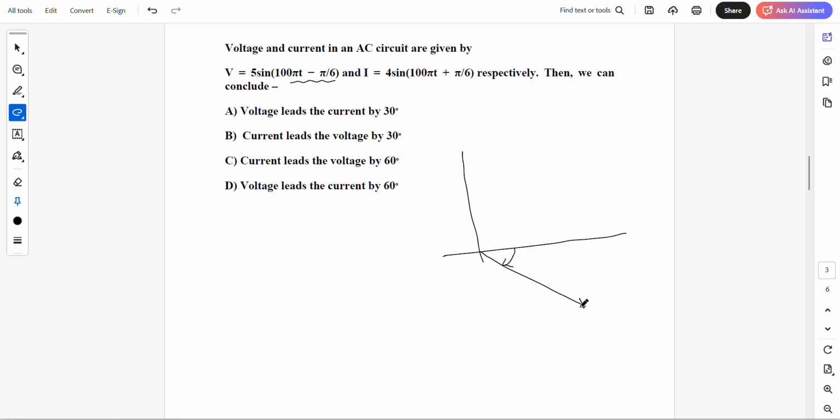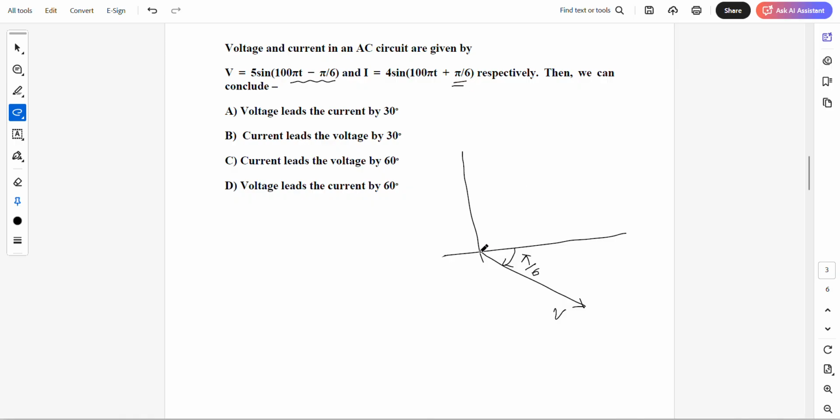Okay, this is V by an angle how much? Pi by 6. Do not write minus here, already it is written. We have shown this in the clockwise direction. This is pi by 6. Okay, this is V. Where I is leading by an angle how much? Pi by 6.